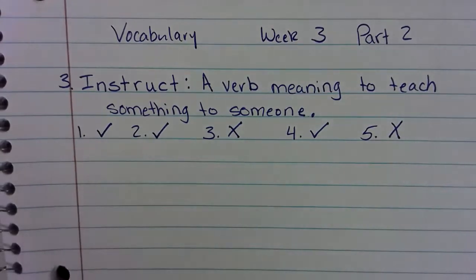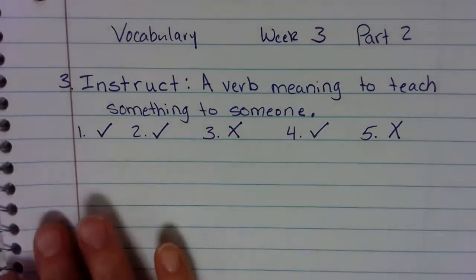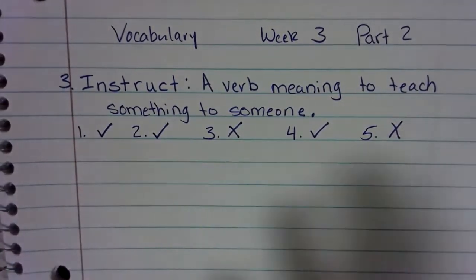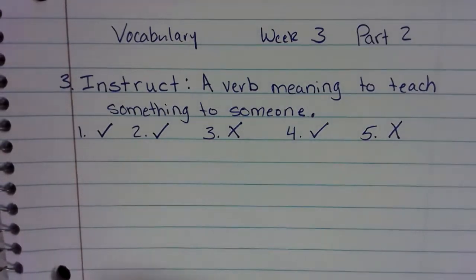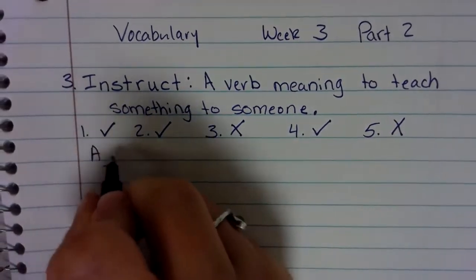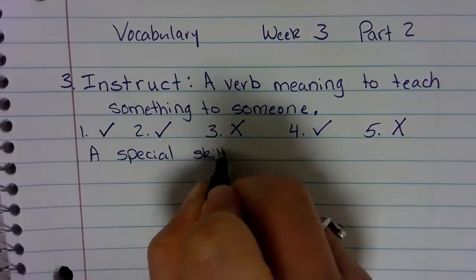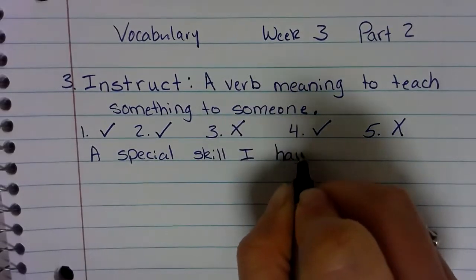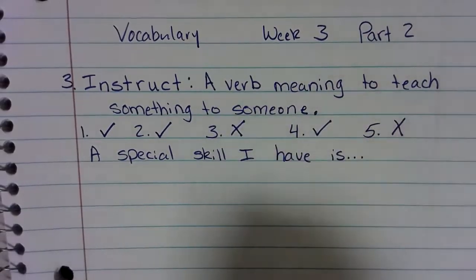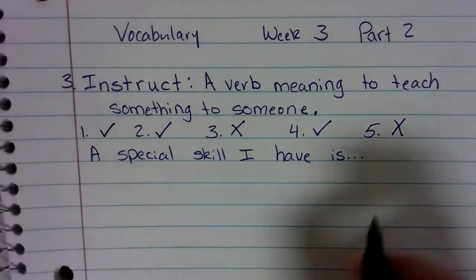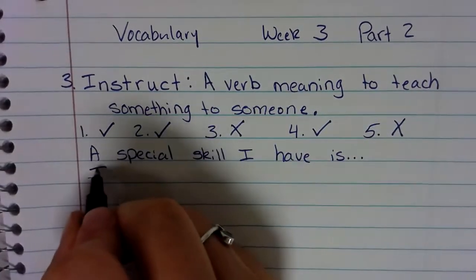So now I want to go to the next line and think about a special skill or talent you have. How would you instruct others so that they could also learn that skill? I'll give you a sentence starter if you would like to use it. If you don't want to use it, you can use whatever sentence you'd like. A special skill I have is, and then I'm going to start a new sentence.